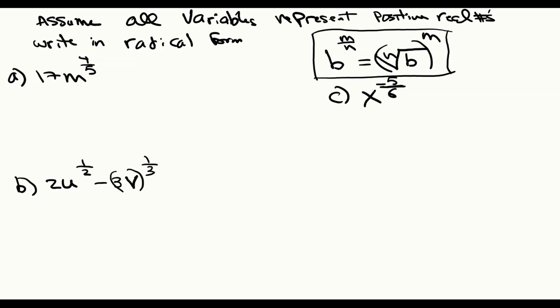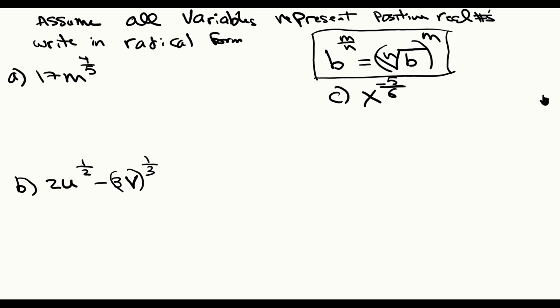Okay, next we want to look at some conversions from this form, which is exponential, to this form, which is the radical form. So this is the exponential form and this is the radical form of the same basic expression. And we're going to go ahead and use this version of the radical expression where the m is on the outside.